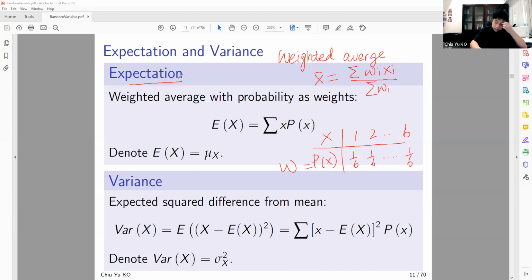That is the number we're expecting on average. So if you try to guess what the number will be, you will guess something in the middle.